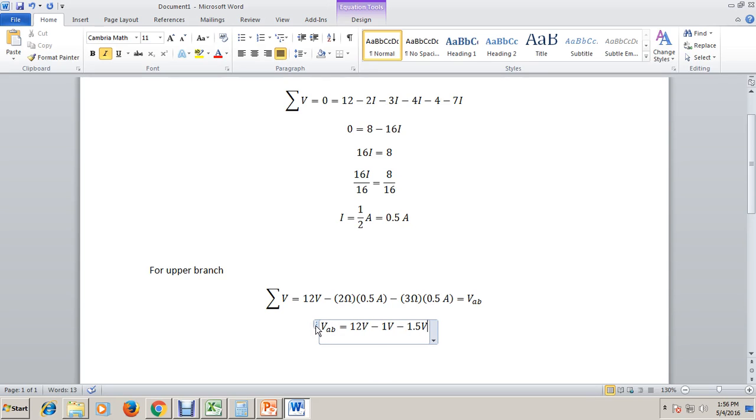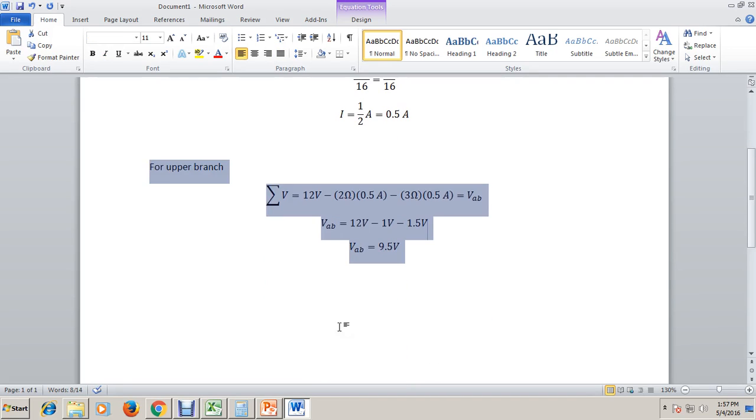So doing the sum, 12 minus 1 becomes 11. 11 minus 1.5 gives us 9.5. So this means that the value of the voltage across point A and point B is equal to 9.5 volts.